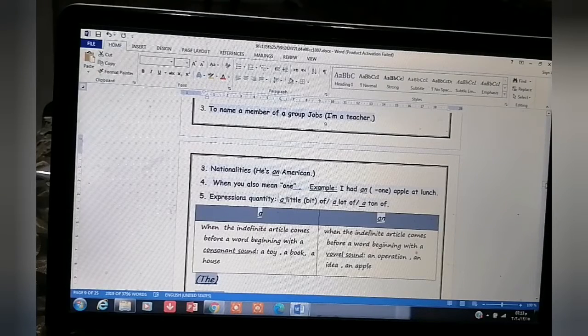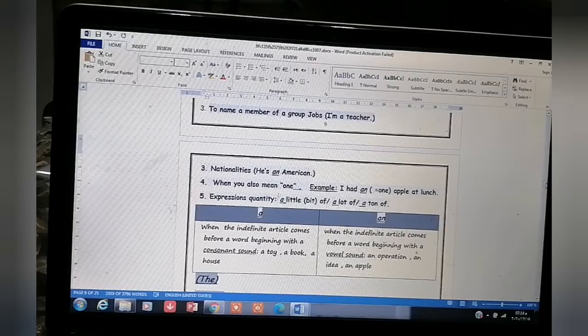Look at this table. It shows you a or an, okay? Look at this a. When the indefinite article comes before a word beginning with a consonant sound, we said the consonant sound, all the letters except the vowels. What are they? A, E, I, O, and U, okay?